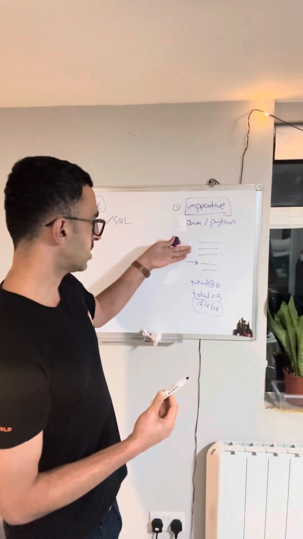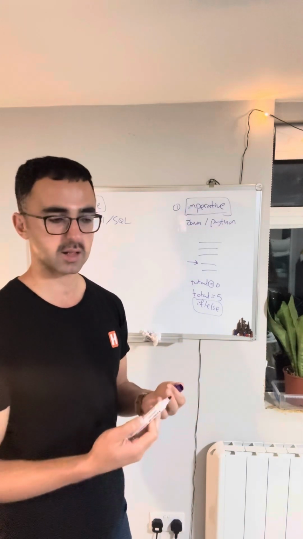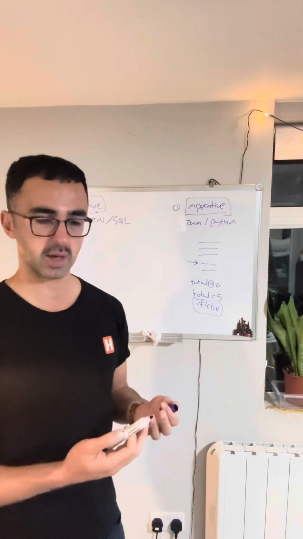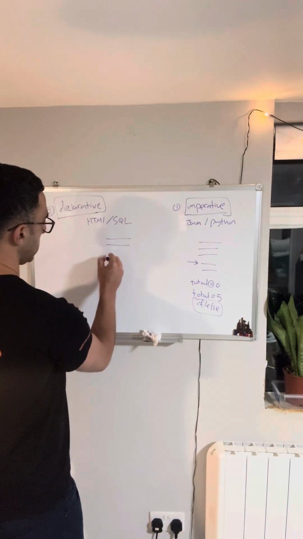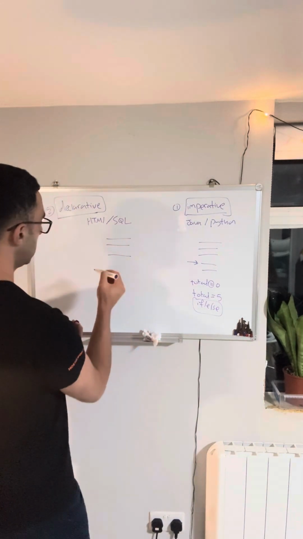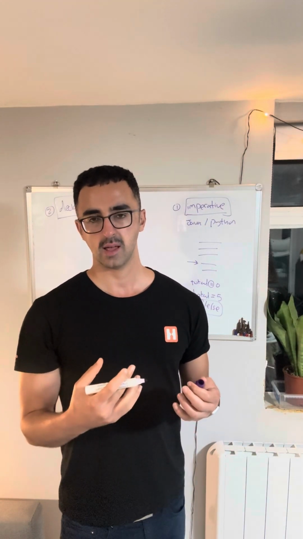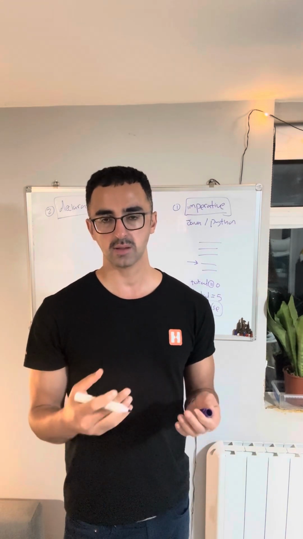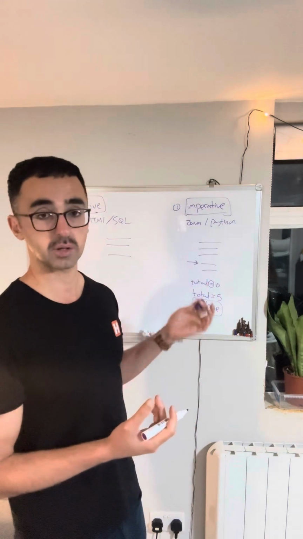If there is an error here, the program breaks to guarantee the predictability and the integrity of the behavior. But in declarative languages, as a general behavior, it's more forgiving. If there is something wrong, the code doesn't break, but the behavior might not be as predictable as imperative languages.